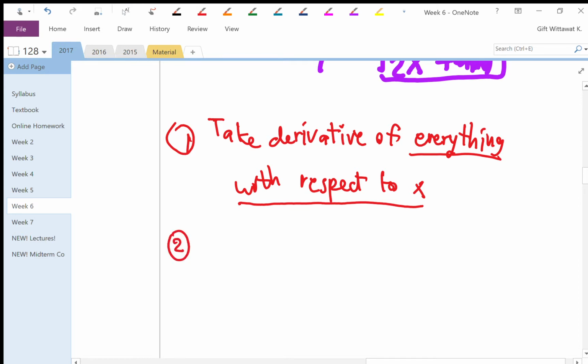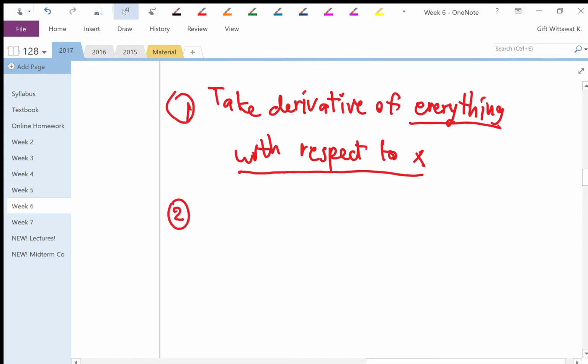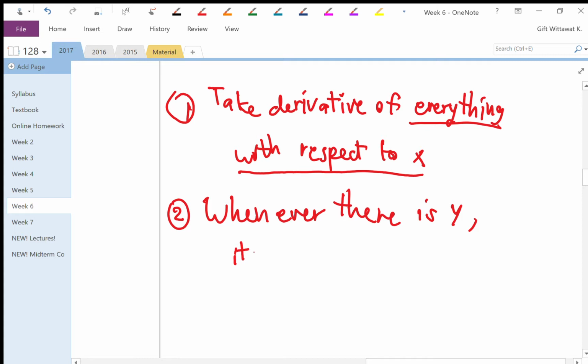Then keep in mind that whenever there is y, its derivative will have the term dy by dx.